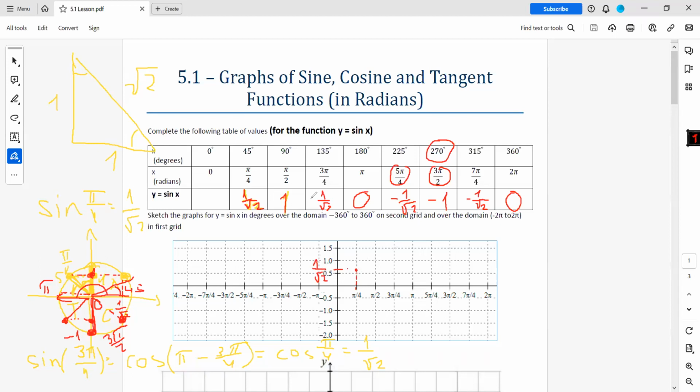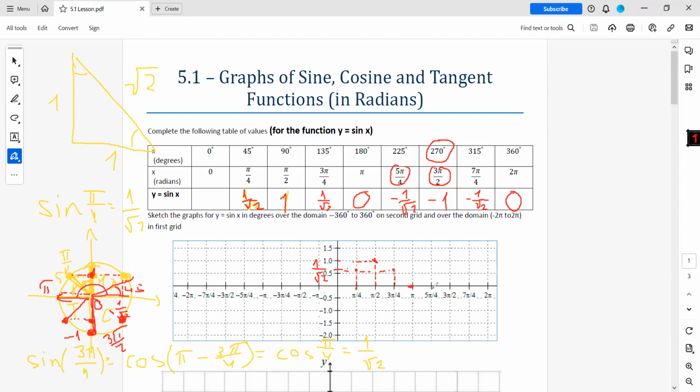This is the first point. Then at pi over 2, it equals 1. Then again, at 3 pi over 4, it's 1 over square root of 2. Then at pi, it equals 0. Then at 5 pi over 4, it equals -1 over square root of 2, now downwards.